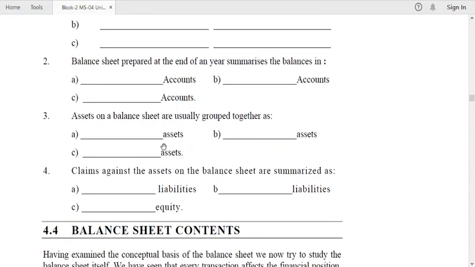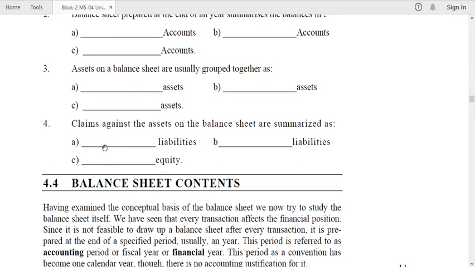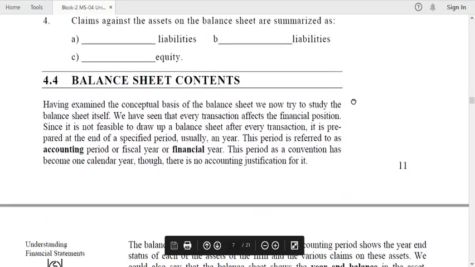Assets on a balance sheet are usually grouped like current assets, long-term assets, fixed assets, other assets. This topic we are going to see in the next part. Claims against the assets on the balance sheet are summarized as current liabilities, long-term liabilities, owner's equity. Now we are going to see these two topics.